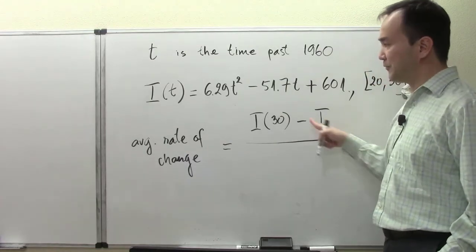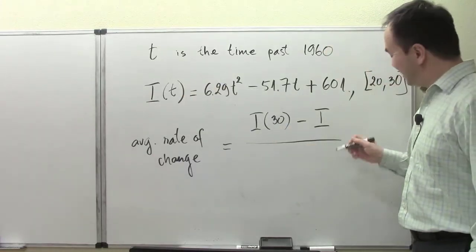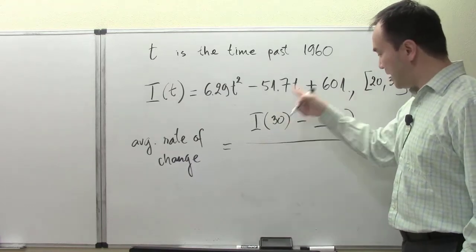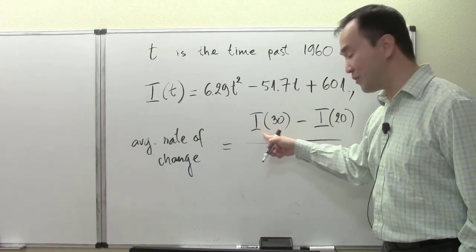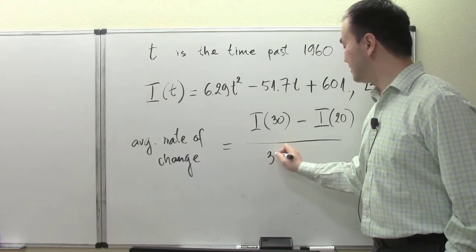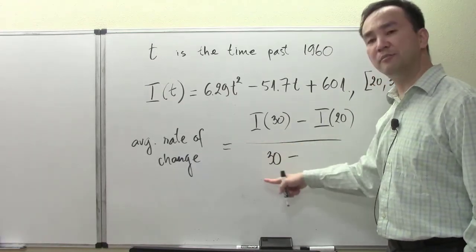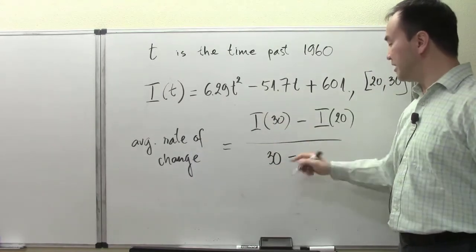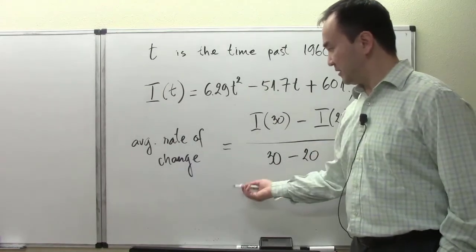Capital letter I stands for total US personal income. Final function value minus initial function value, divided by the total change in our main variable, the change in t: 30 minus 20.